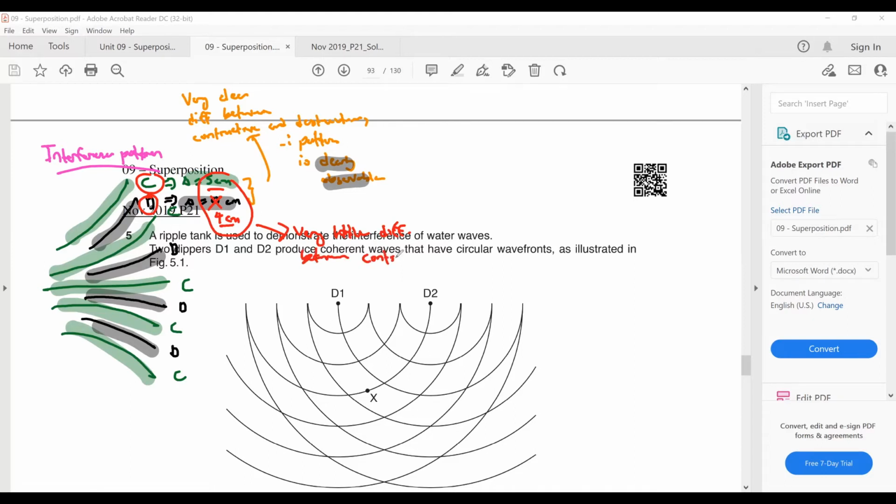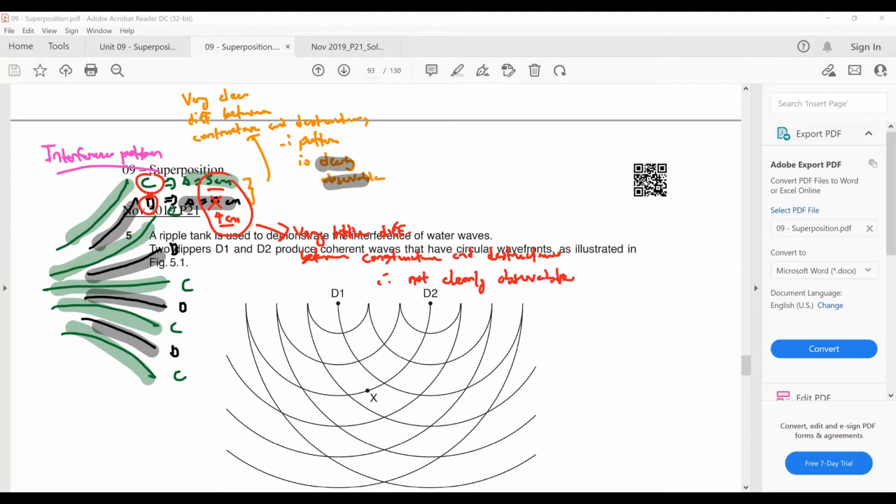constructive and destructive. Okay, very little difference between constructive and destructive. Therefore, not clearly observable.